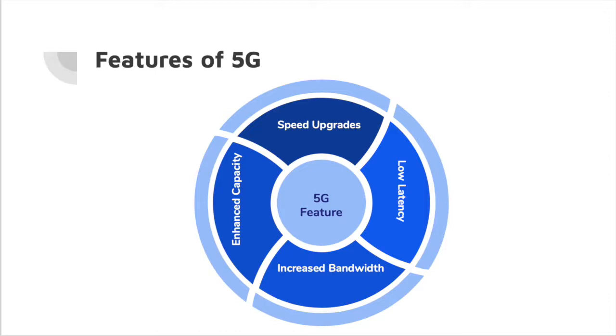Thirdly, 5G will deliver up to 1000 times more capacity than 4G, creating a fertile ground for IoT development. 5G and IoT are a perfect match set to redefine how wireless networks are used.